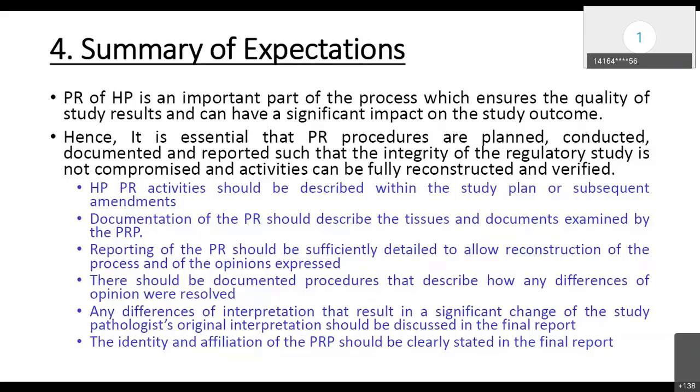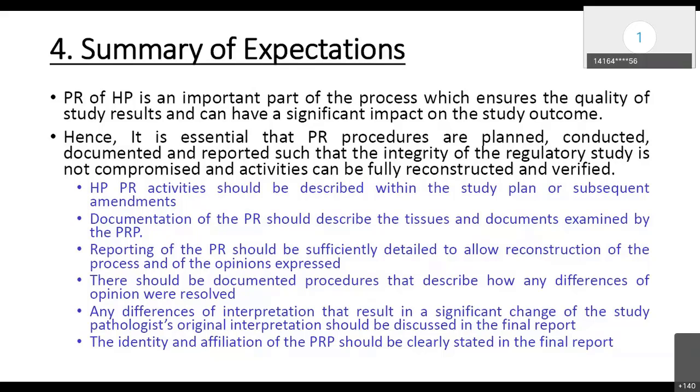And it should also describe the tissues and documents examined by the peer review pathologists, and the reporting of peer review should be sufficiently detailed to allow reconstruction of the process and the opinions expressed. There should also be a documented procedure, or during the peer review, it should be documented if there were any differences between study pathologists and peer review pathologists, and how the opinions were resolved should also be documented.